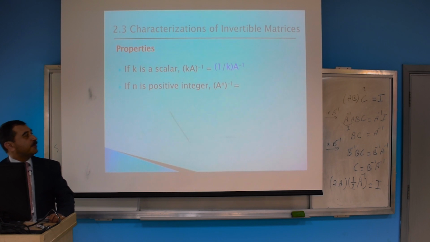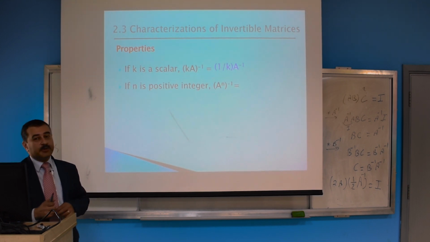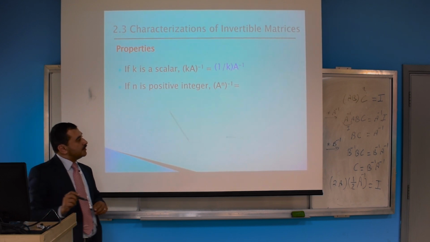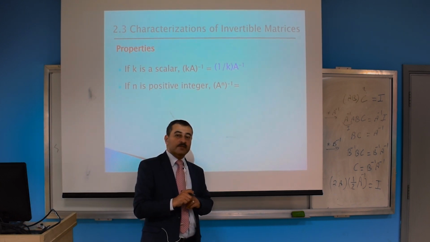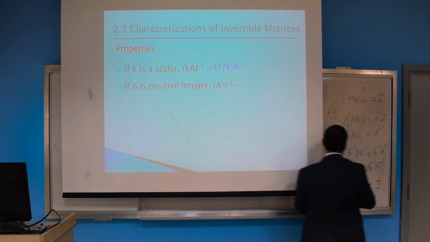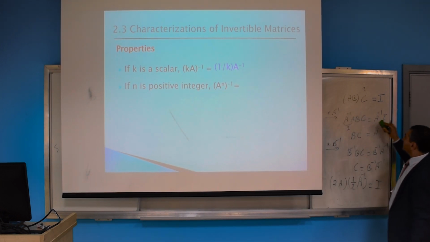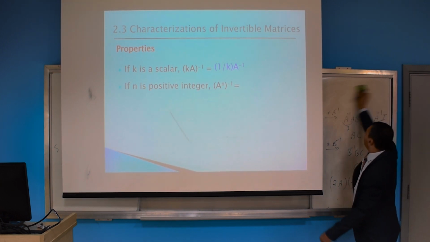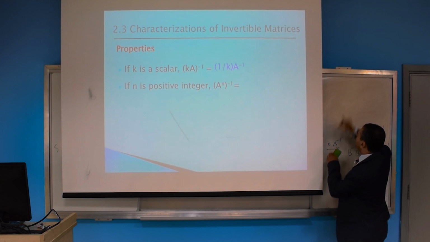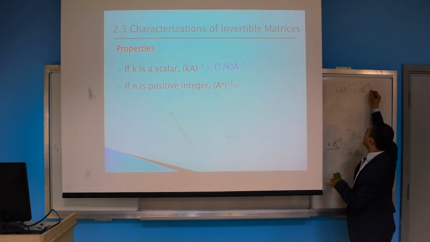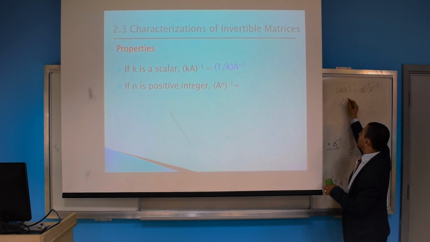But if you have A to the power n, the inverse of A to the power n, for example, I want the inverse of A square. I can get it from this one. We said that the inverse of AB is B inverse A inverse. What about if you have A square?